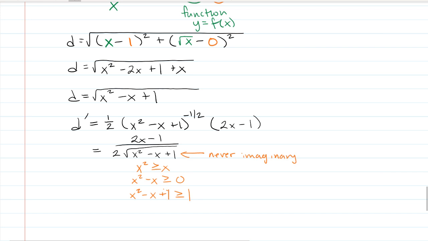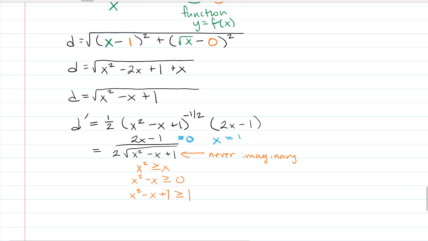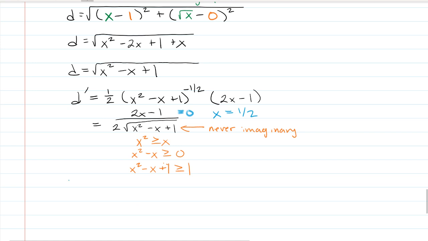So there's no critical points that we get from the denominator equaling 0. But if we do our numerator equaling 0, we get that x is equal to 1/2. Alright? And then because our original function was y equals the square root of x, we need x to be strictly greater than 0. And 1/2 is greater than 0, so we're good.